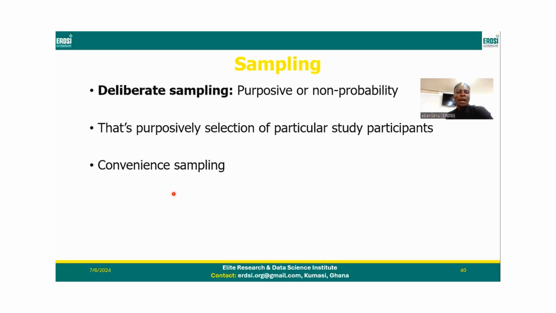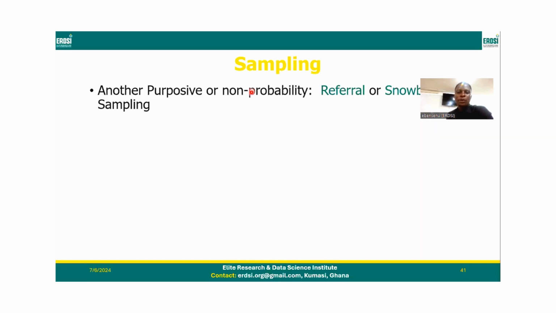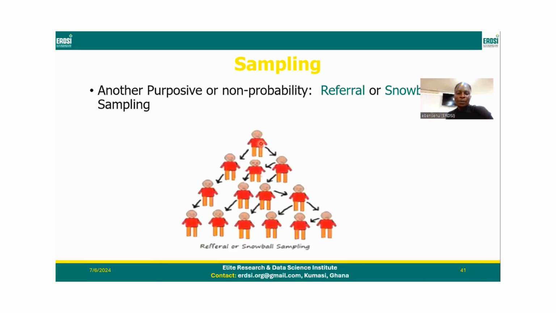Then we also have a lot of sampling techniques, how you are going to recruit the study population, whether through convenience sampling, based on a particular purpose, or you are going to do a referral. For example, if someone wants to do a study on a sensitive group, like a minority group, we just pick one person, then that person will go and bring another person, and that person will bring another. For that kind of sensitive research, we use referral or snowball sampling.